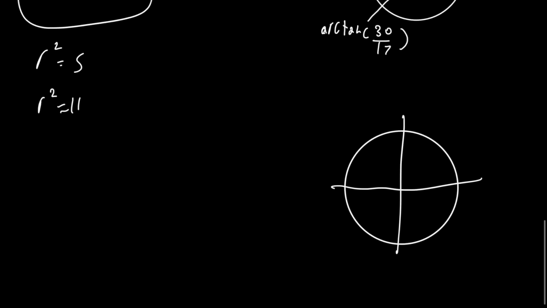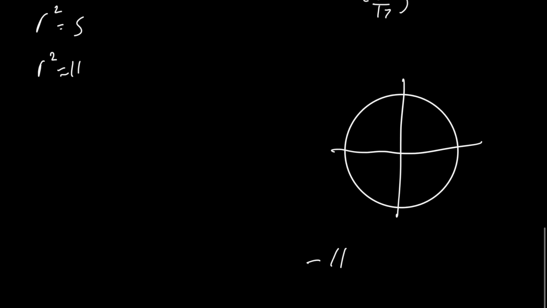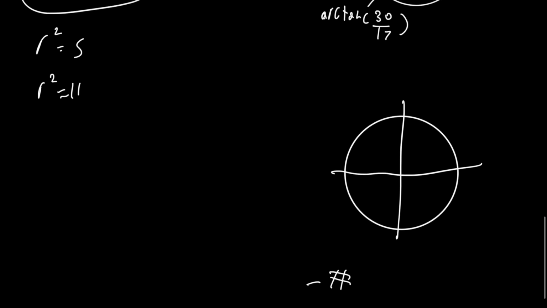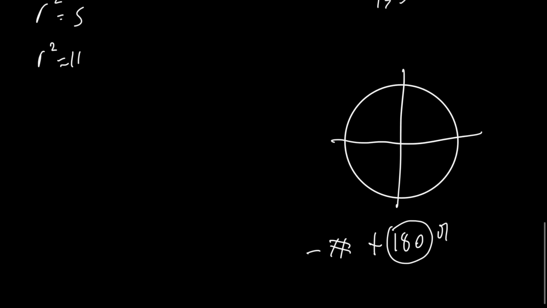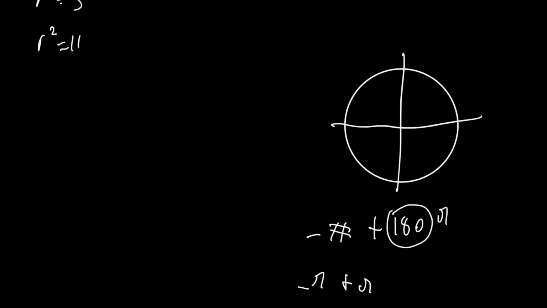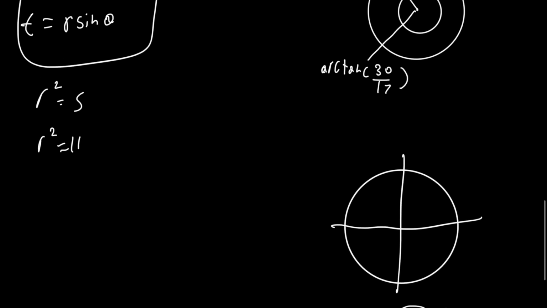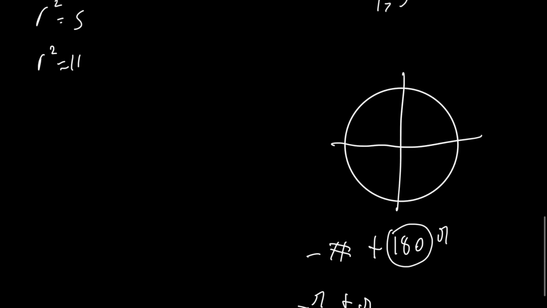So what I'm going to do, arctan of negative 20 over 17 is a negative number, plus 180, or in this case, pi. Pi plus some negative number would be exactly where this arctan of negative 20 over 17 is. It'd be exactly right here.